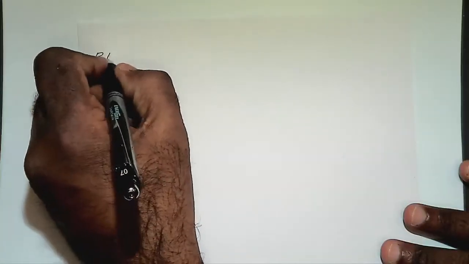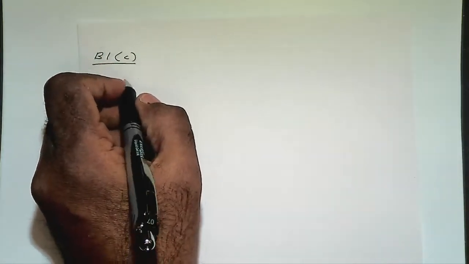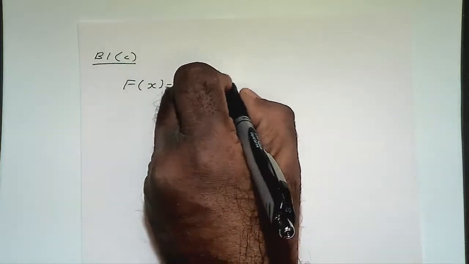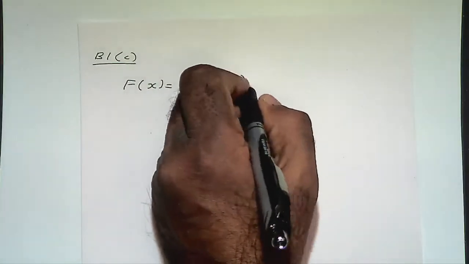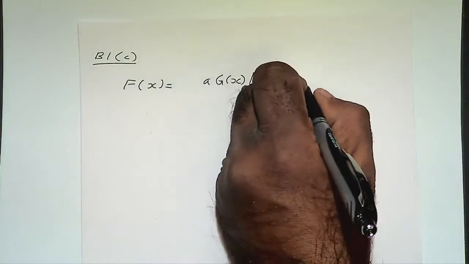So this is B1 part C from last year's exam paper. You're told that f of x is equal to a times g of x. So this will be similar to the question that you will get tomorrow and Friday.